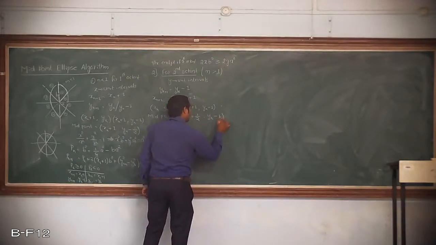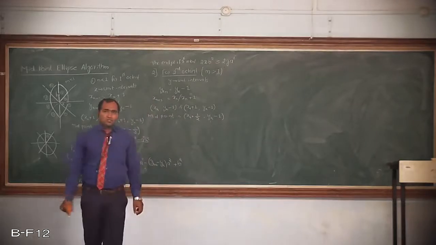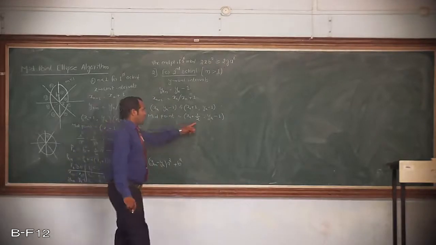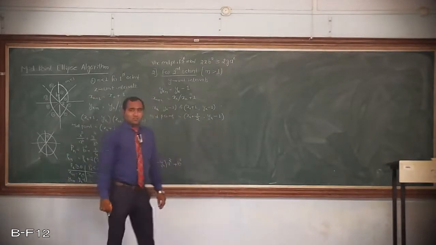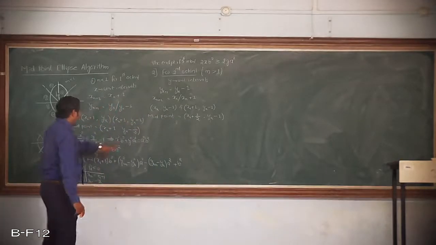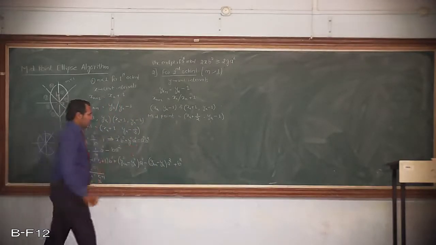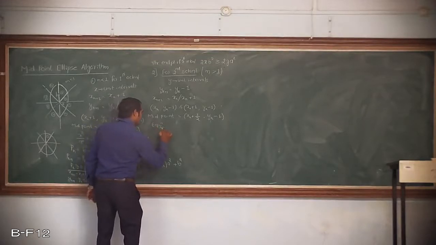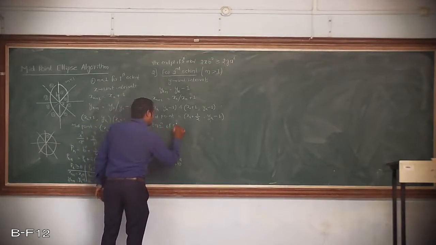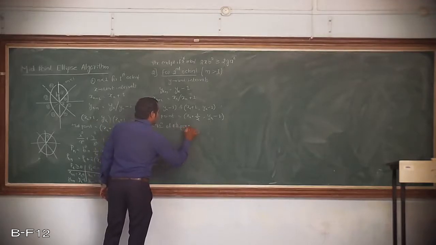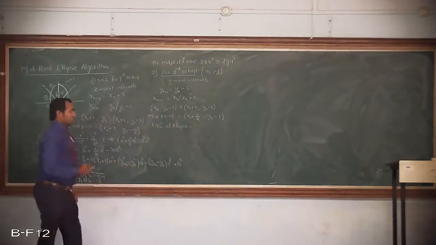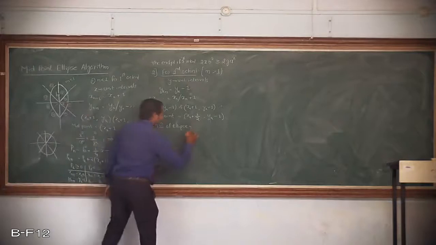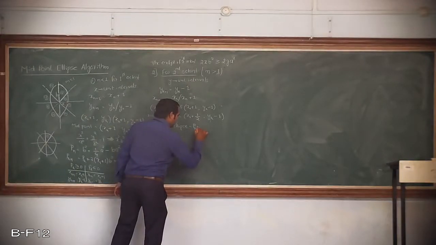So you have got the values of x and y. Now write the equation of ellipse. That will be nothing but the decision parameter pk.